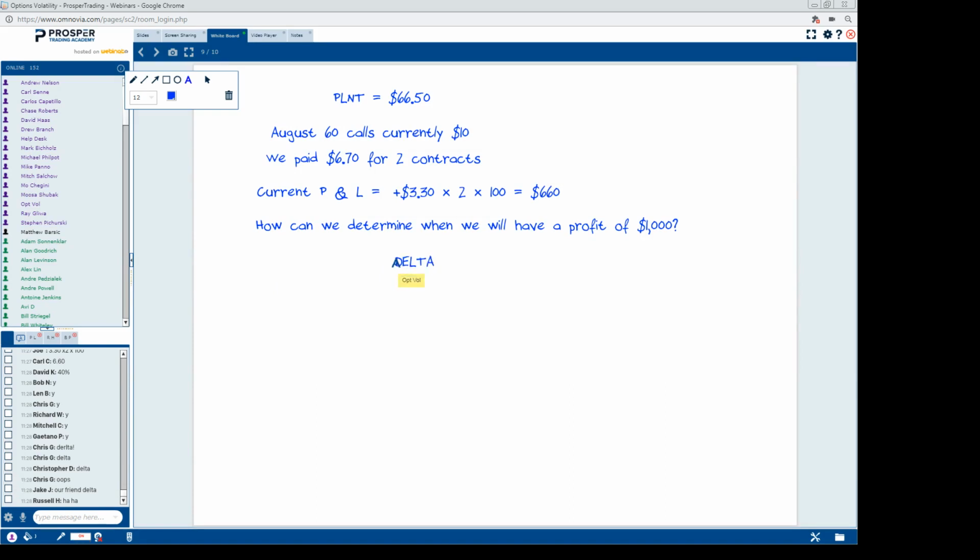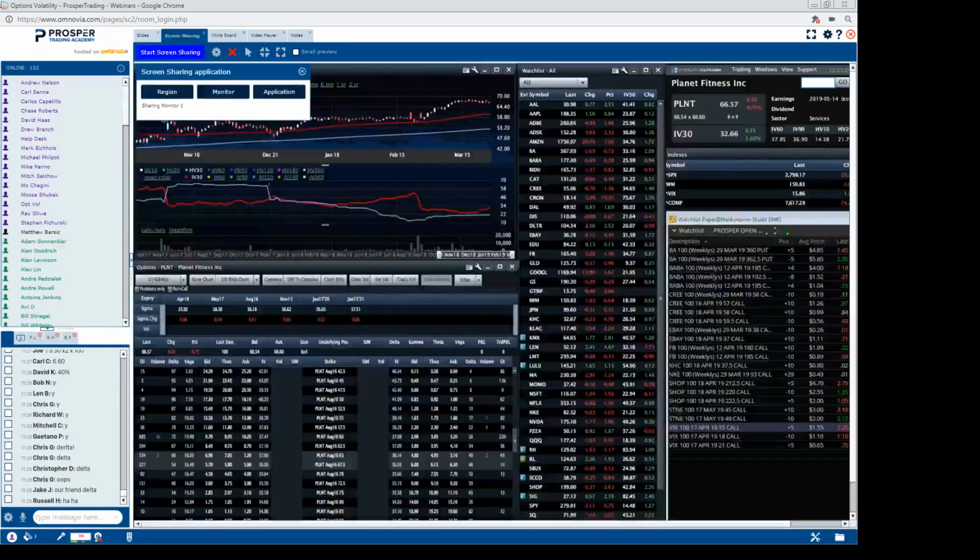Now, it could also be a volatility issue, right? It could also be an increase in Vega, and we'll address that in a moment. But typically we would just go to, well, the value of the option is going to change by the delta. Okay, so the delta of each option here is, let's just round this, guys.